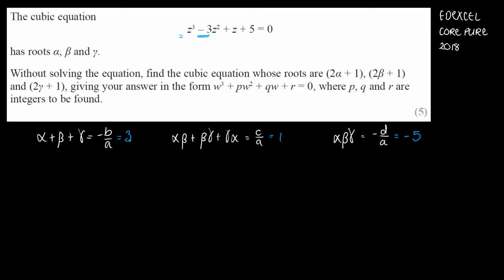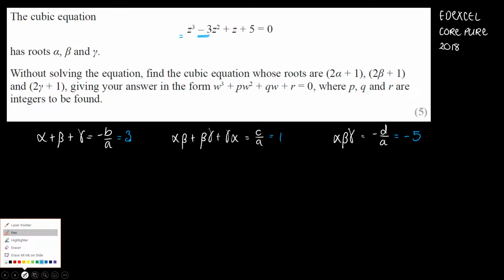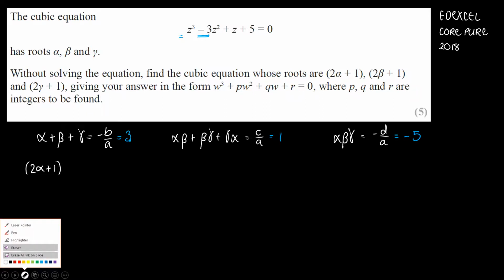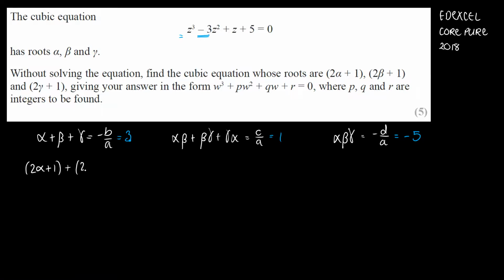Now, there are 2 different methods that we can use to solve this problem. Method 1 is that we continue to persevere with our roots. And that's the one we're going to look at first. So I'm going to claim, and hopefully you agree with me, that if I add up my new roots, sorry, add, not multiply, if I add up my new roots, then I am going to get the expression for my new minus b over a, because the equations that we generated in the last video say that if you sum up your roots, you're going to get minus b over a.